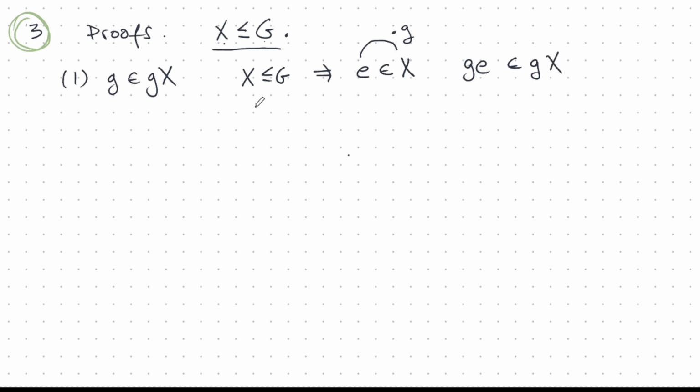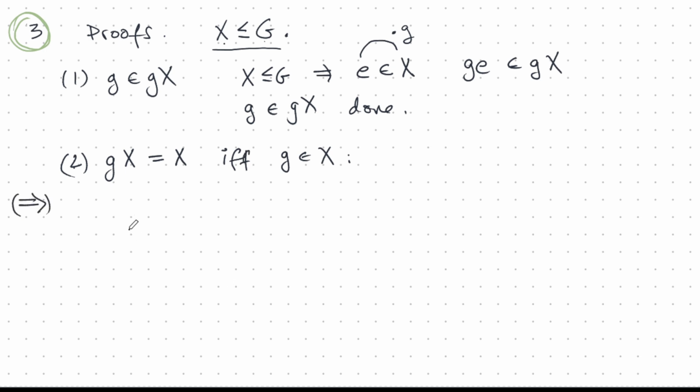But ge is just g, since e is the identity. So I have g is an element of gX. And I'm done. The next one we want to prove is that the coset gX is identical to the subgroup X if and only if this g is in X. Okay, this is an important theorem.